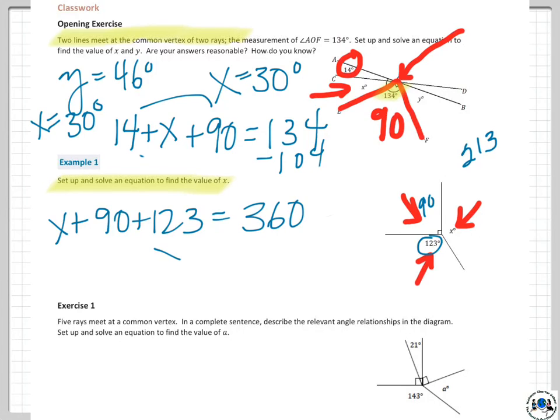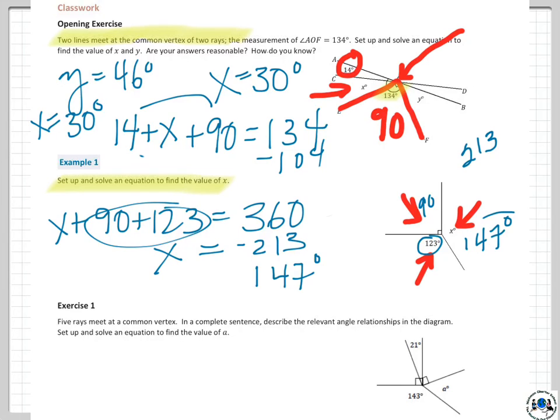And then x equals, this is equal to 213, subtract 213, x equals 147 degrees. Okay, 147 degrees. Now, you can check this with a protractor. Okay, I think this is supposed to be to scale here. But we can also see that it makes pretty good sense, because if we just made another straight line there, that is 90 degrees.